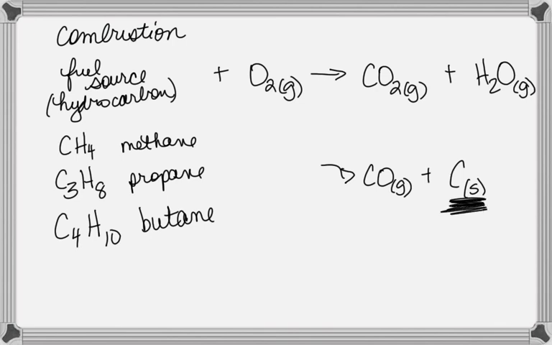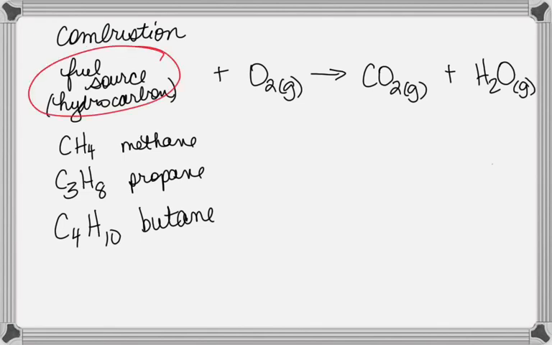The lower the candle gets, y'all, in that little glass jar, you get more soot around the candle. That's because the lower it gets, it can't get enough oxygen, and so that soot's just all the carbon that it's producing. But when we look at combustion analysis problems, we're going to be looking at complete combustion. And you could balance this equation depending on what your fuel source is. You can't balance the equation unless you know which fuel you're using.